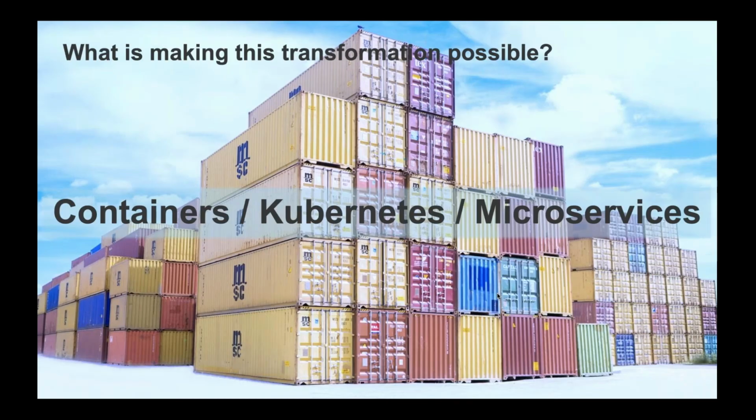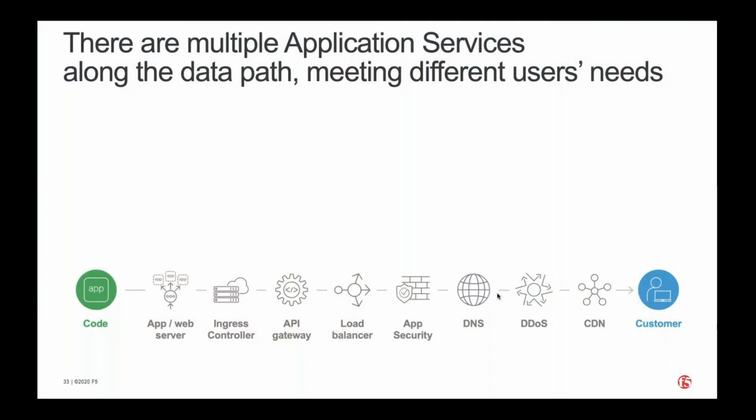But how are we going to make this transformation for these applications? Are we using containers? Are we using Kubernetes to manage these containers? Are we using microservices? Nowadays, it's always more a mixture of these, so we are going more into the hybrid model of using Kubernetes in combination with containers and microservices.